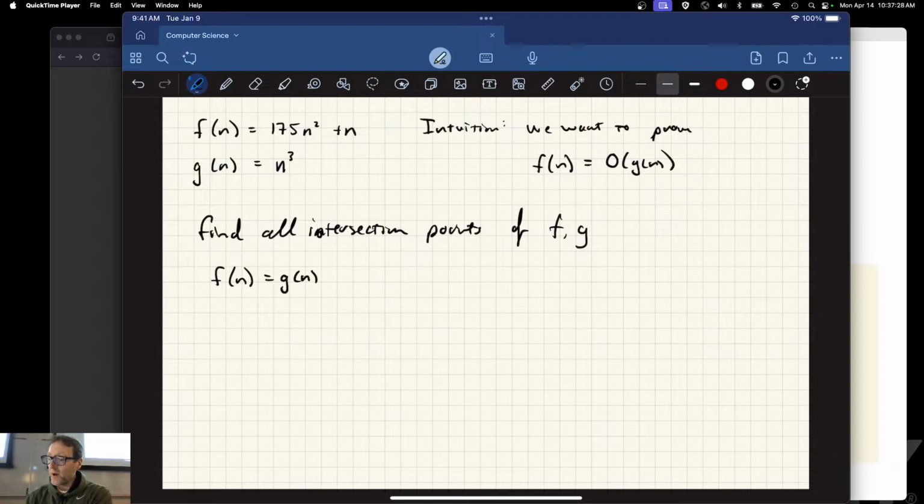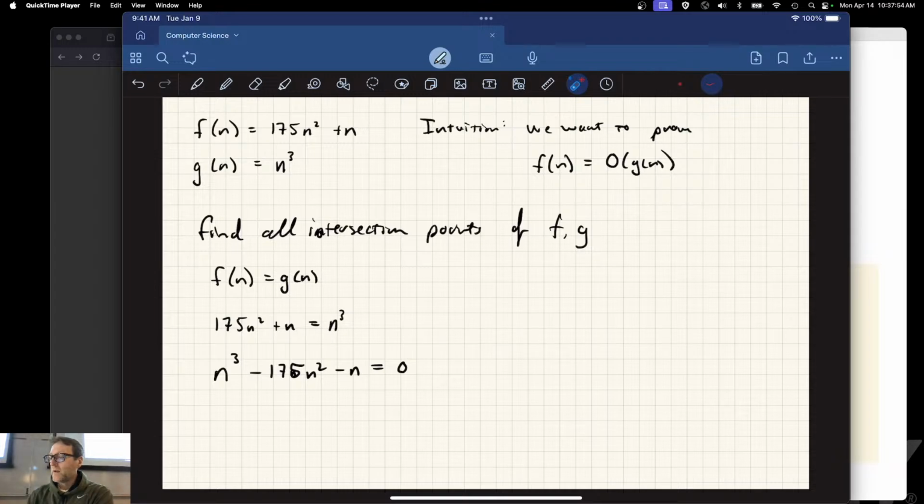So let me write them out: 175 n squared plus n is equal to n cubed. Now all you have to do is solve for n. Let me collect everything onto one side to make it abundantly clear what we're about to do. I'm going to take 175 n squared along with n onto the other side, and now the right-hand side is 0.